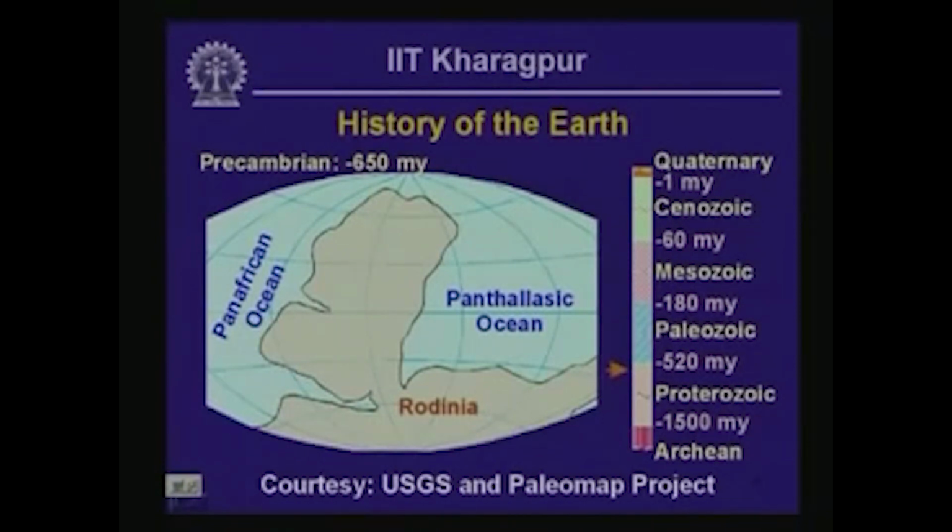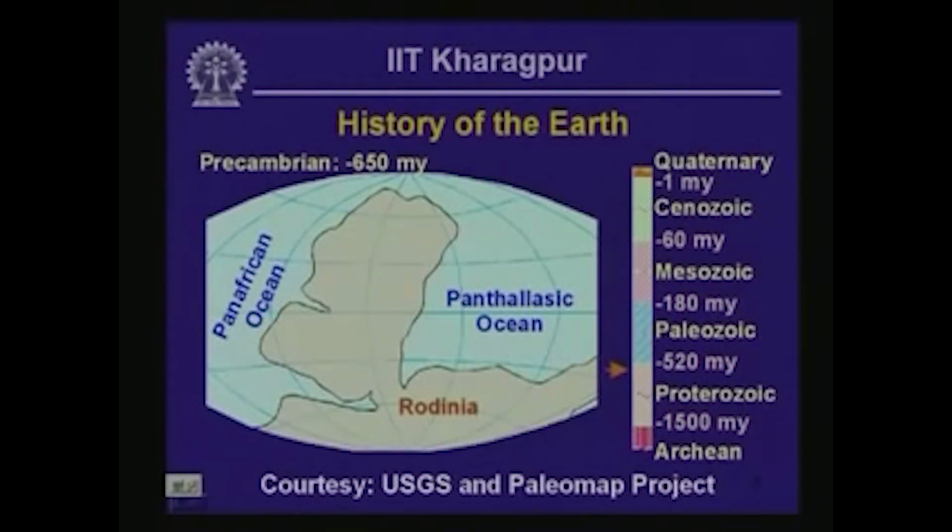The Archean era is a 3000 million years long geologic era, which began about 4500 million years ago and lasted until about 1500 million years ago, followed by the Proterozoic that lasted between 1500 million years ago and approximately 520 million years ago, followed by the Paleozoic between 520 million years ago and 180 million years ago, followed by the Mesozoic, which lasted between 180 million years ago and 60 million years ago.